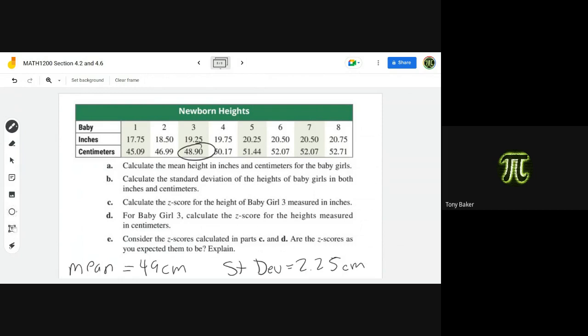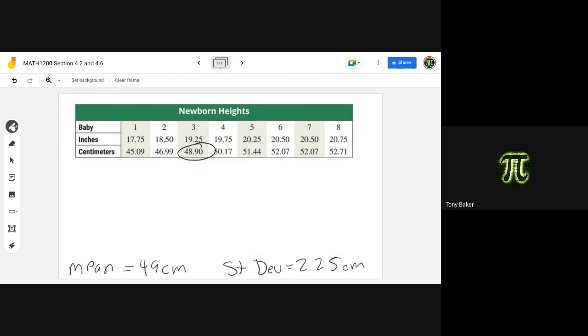Correct. So the value would be what? 48.9. So the Z for baby number 3 is 48.9 minus 49 over 2.25.